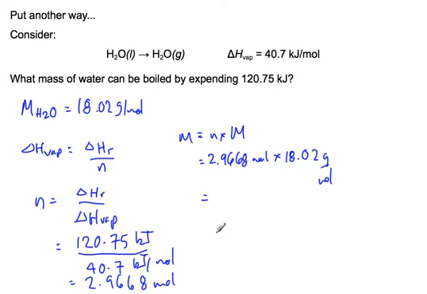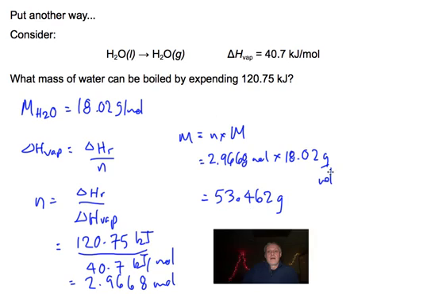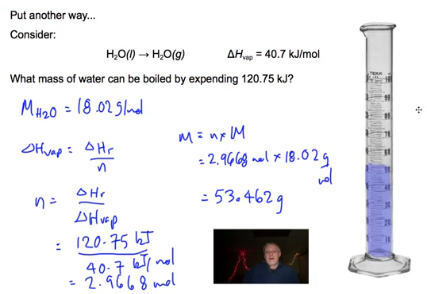The math tells us we would be able to boil a mass of 53.462 grams of water. Well, how much is that? Well, there's a 100 milliliter graduated cylinder, so a little more than half full of water.